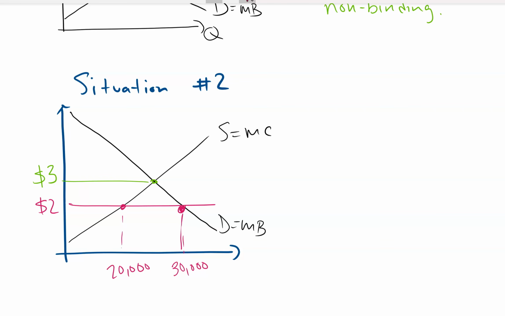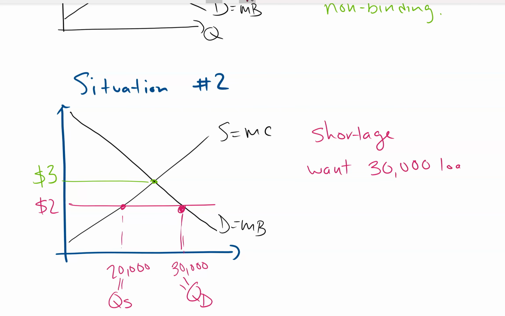So we get this idea. This is our quantity demanded, and this is our quantity supplied, so we end up with a shortage. They want 30,000 loaves, and only 20,000 are available, so we've got a shortage of 10,000.